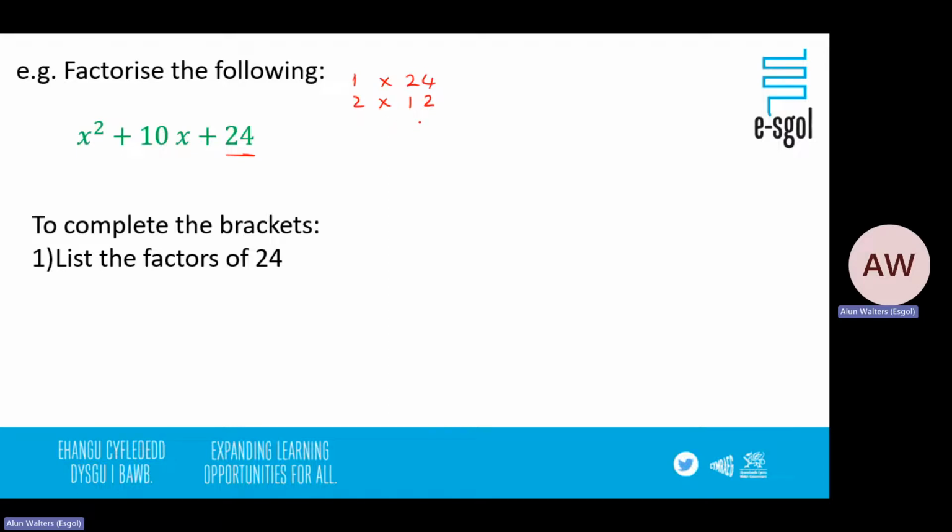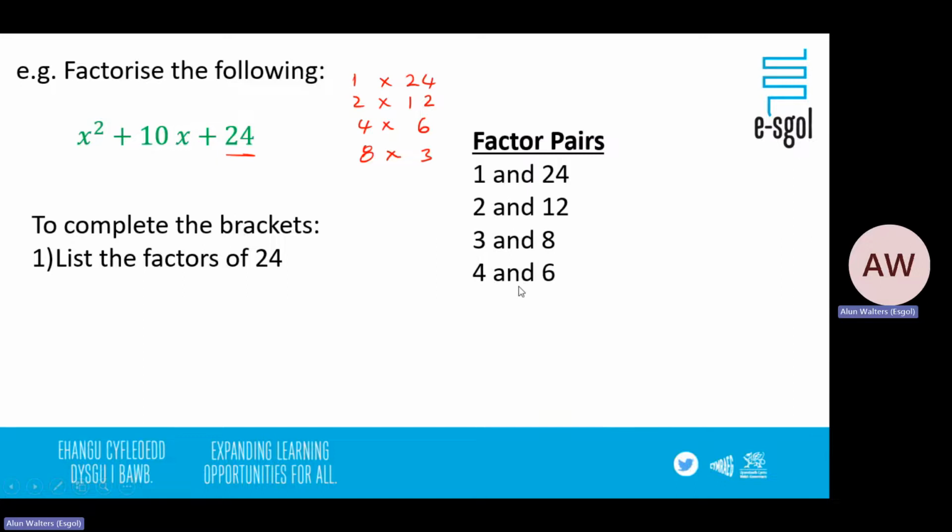If you can halve 12 to give you 6, then you double the 2 to give you 4. And then if you can halve that, you double 4 to give you 8. So I've listed them out as shown. So that's the first part.